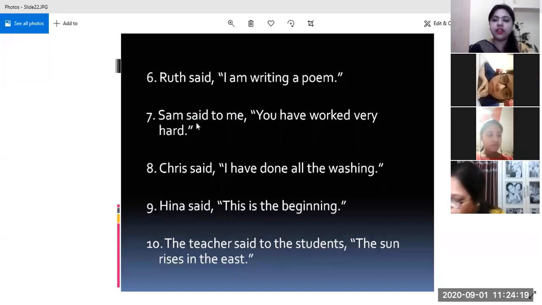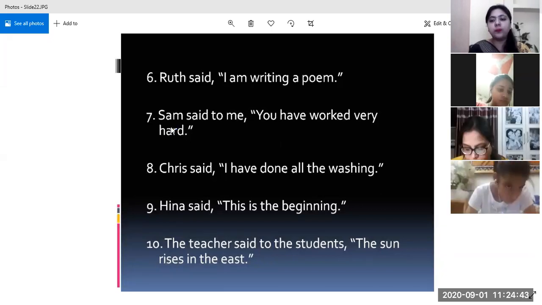Whenever you find "said to" in the reporting verb, it gets changed into "told." So the sentence in indirect speech will be: Sam told me that I had worked very hard. Why is "I" coming? Because the speaker is addressing the speech to me.